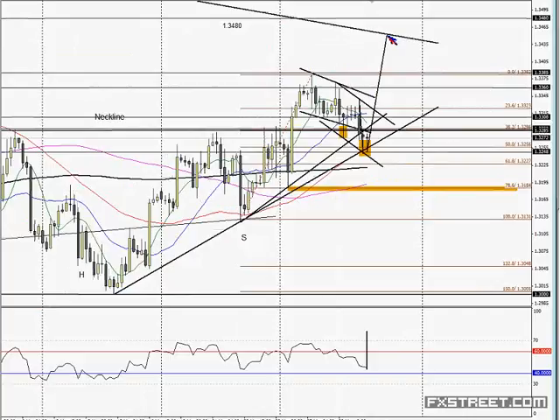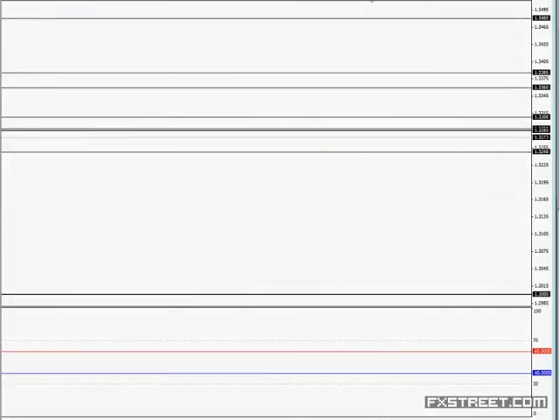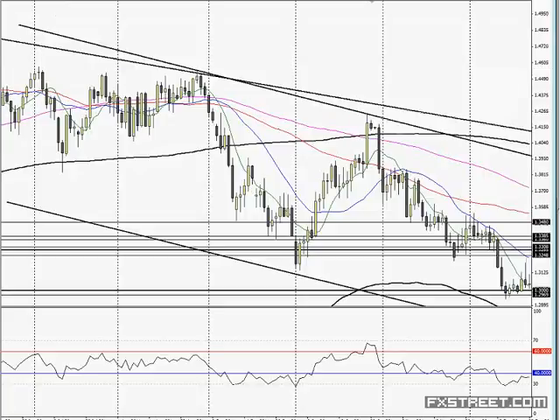Okay. But for now, I'm looking for some further upside. Now, when we get close to 1.3450, there's going to be a pretty significant, pretty key trend line. This goes all the way back to May of 2011. So May high here, and then September or end of August high here.